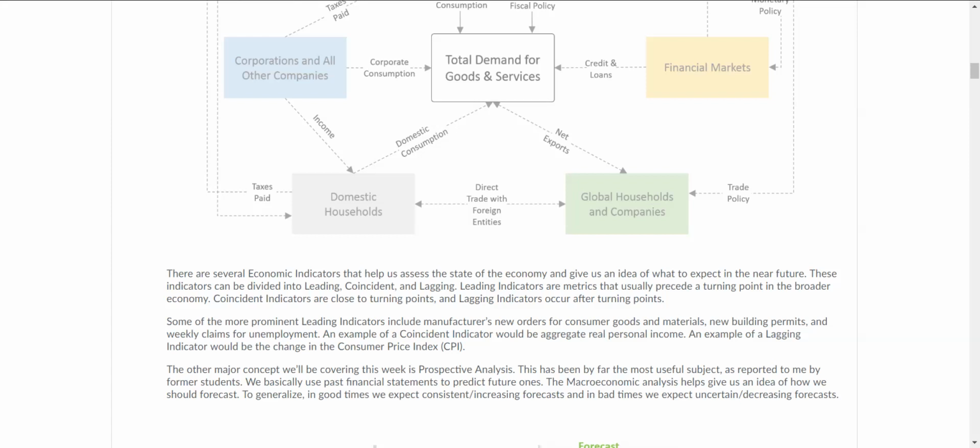There are three different types of indicators: leading, coincident, and lagging. Leading indicators are those that come before a turning point.